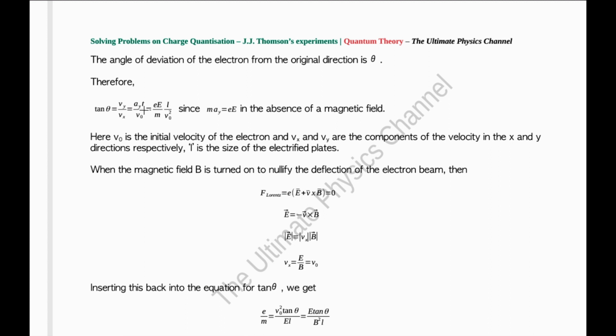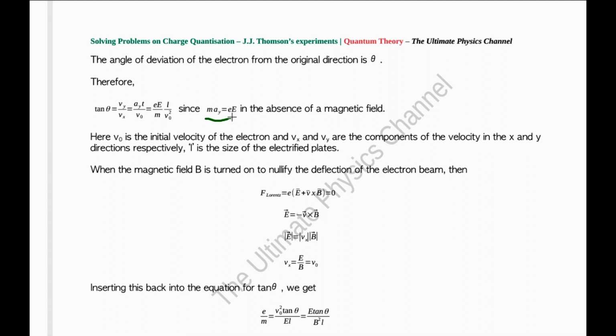Ay t over V0, which is equal to, again, the acceleration is nothing but, according to this equation, Newton's second law, mass times acceleration is equal to the force on the electron in the absence of a magnetic field.